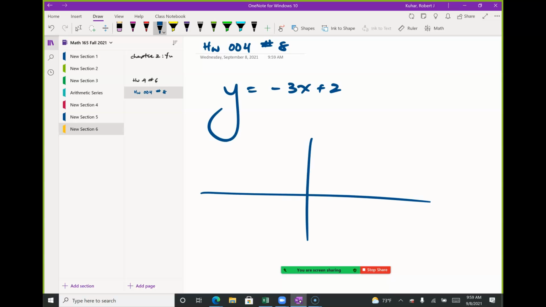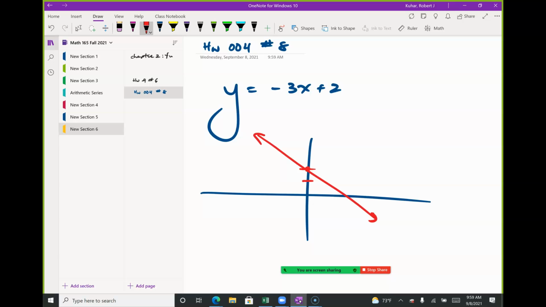So the question becomes, what numbers am I allowed to multiply by 3? Any of them. What numbers can I multiply by negative 3? Any of them. And for which numbers can I add 2? Any of them. So it's pretty easy to see that any x is allowed to be plugged in here.